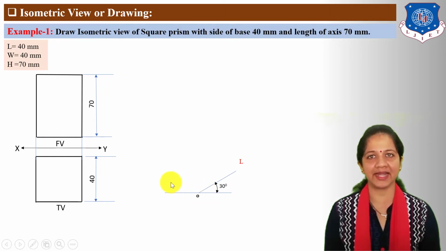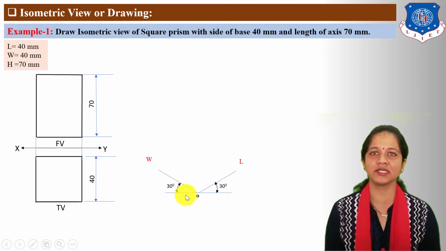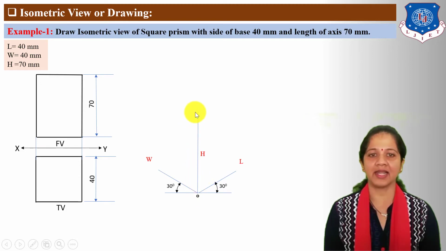Next, draw the z-axis from point O. The angle of the z-axis is also 30 degrees from the horizontal reference, and take the maximum width, which is 40 mm, on the z-axis. Next, draw the y-axis and on the y-axis take the height, and the maximum height is 70 mm.